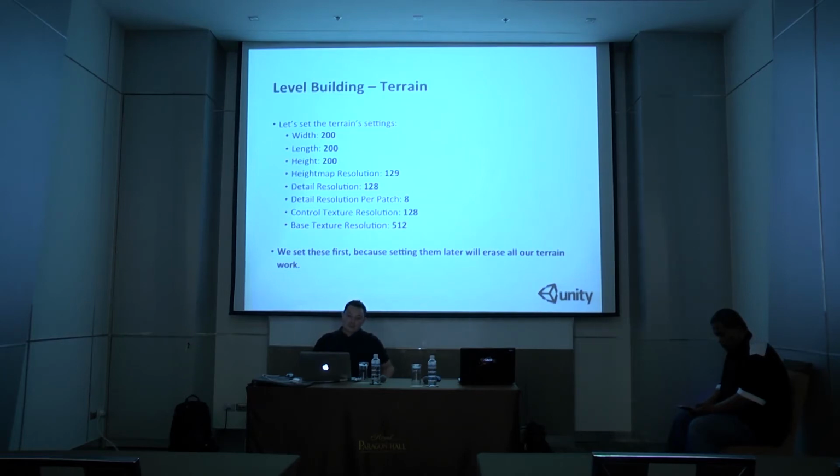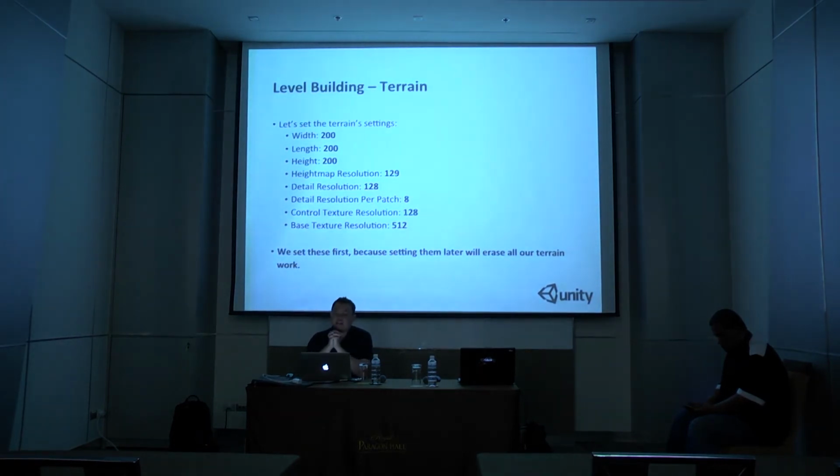The reason is if you've set up the terrain with some resolution settings, then you sculpted it, you painted it, you've made some changes, and then you change the settings, you're going to find all your hard work gets erased instantly. Not very fun. So you want to do it in the right order.